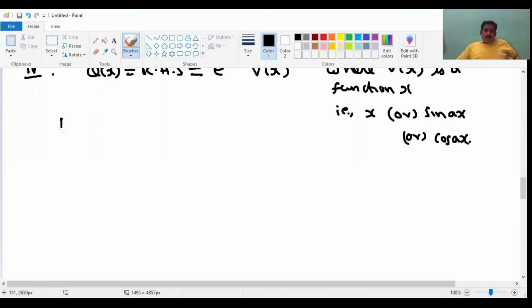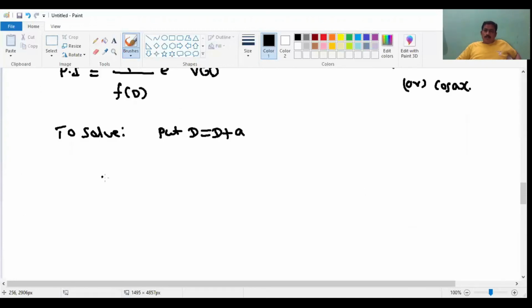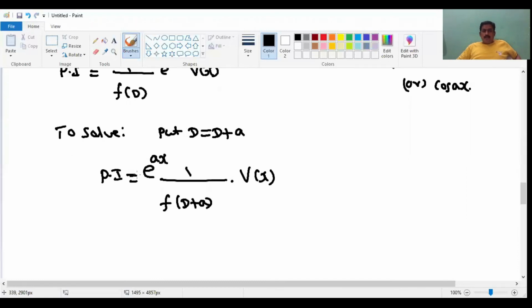To write your particular integral, 1 by f of d e power ax into v of x. Solve this, put d by d plus a. Therefore, PI equals 1 by f of d plus a into v of x. Once it is replaced, we should write your e power ax in front of the term.